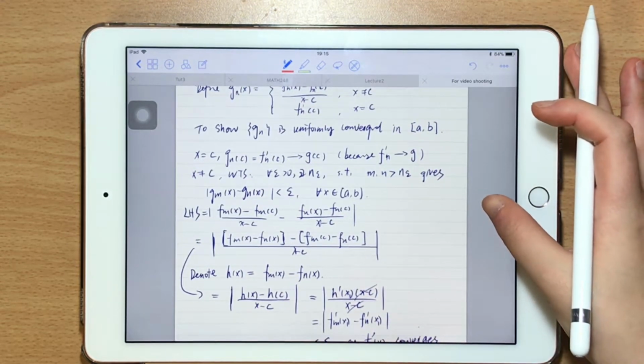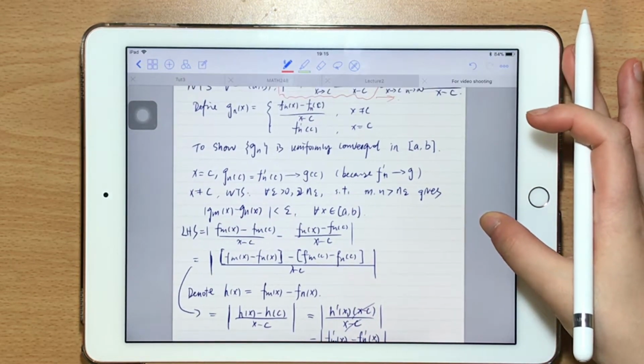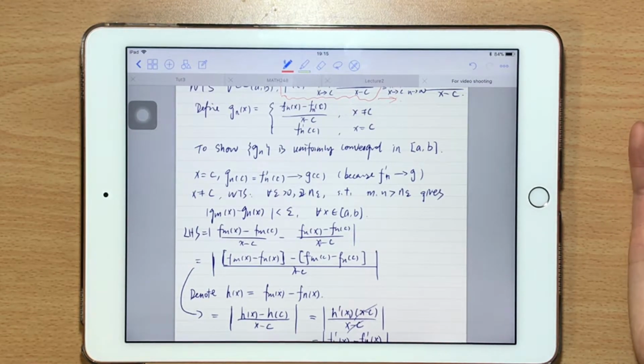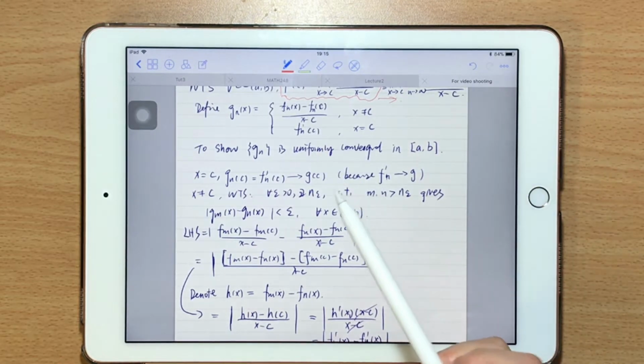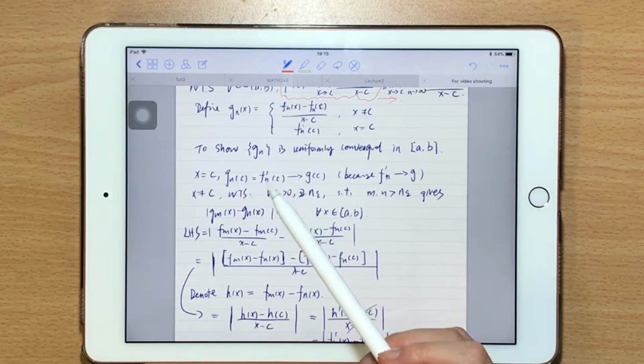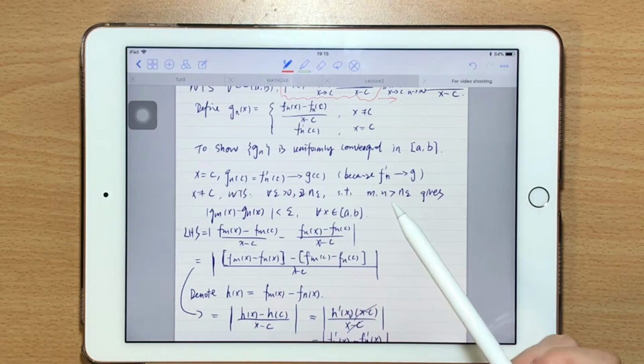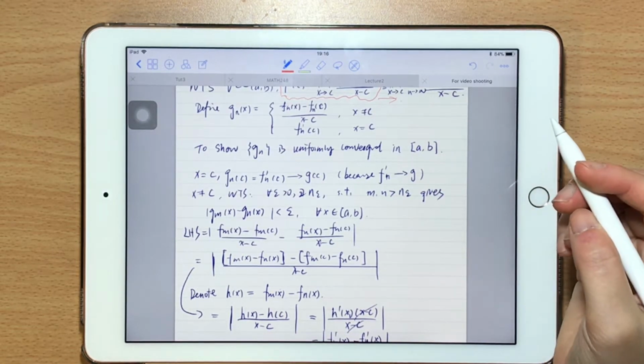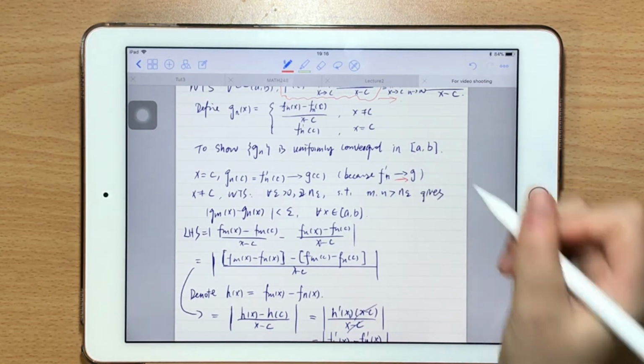So when x is equal to c, g_n(c) definitely goes to g(c), because g_n(c) is simply equal to f_n prime c by how we define g_n, and f_n prime c goes to g(c) because we have f_n prime uniformly convergent to g.